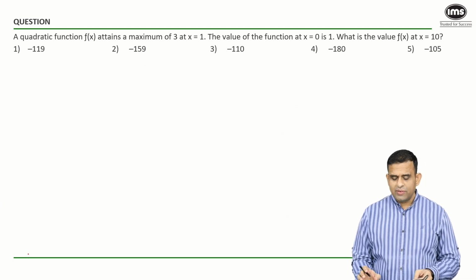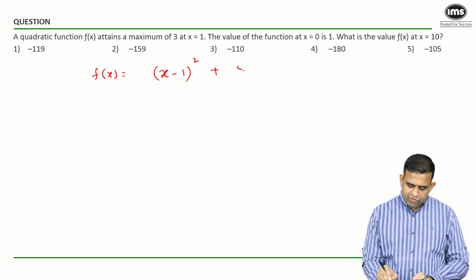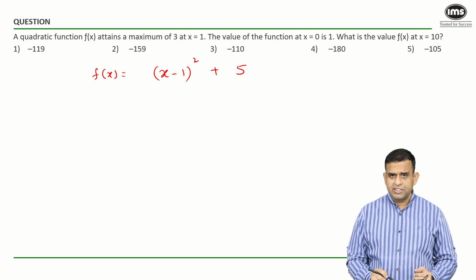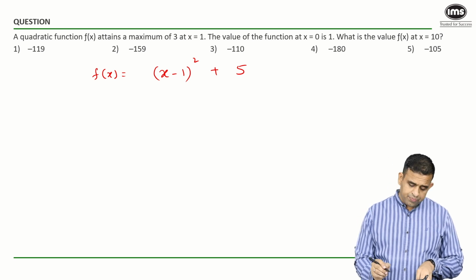So kindly understand one thing, that in case I tell you that a function happens to be in the form of x minus 1 whole square plus 5, then one can say that this function is going to be minimum at x equals 1 and that function value happens to be equal to 5.